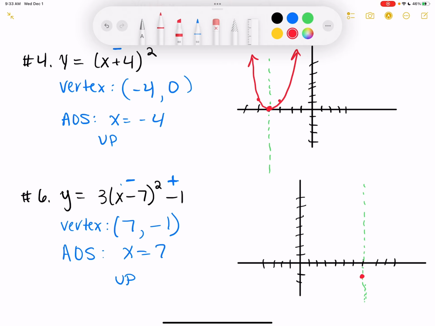So 8 minus 7 is 1, which squared is still 1, times 3 is 3, minus 1 is 2. So at 8, I'm up at 2, and then I go 1 on the other side, and then just connect.